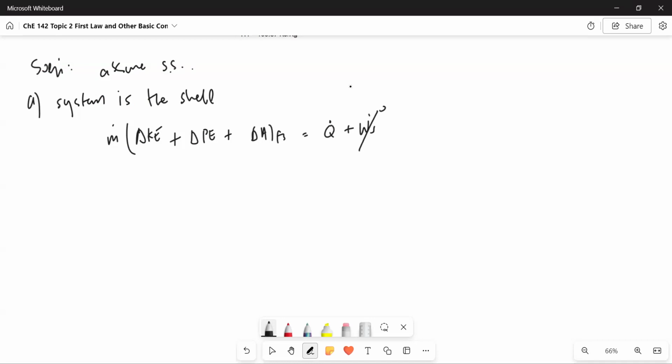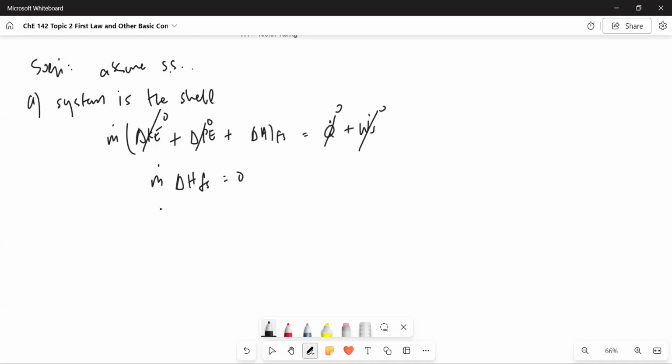And since our system is the entire shell, let's assume that the shell is insulated. There's no heat transfer to or from the surroundings. We can assume this to be zero, no information. And therefore, our energy balance simplifies to delta H equal to 0.